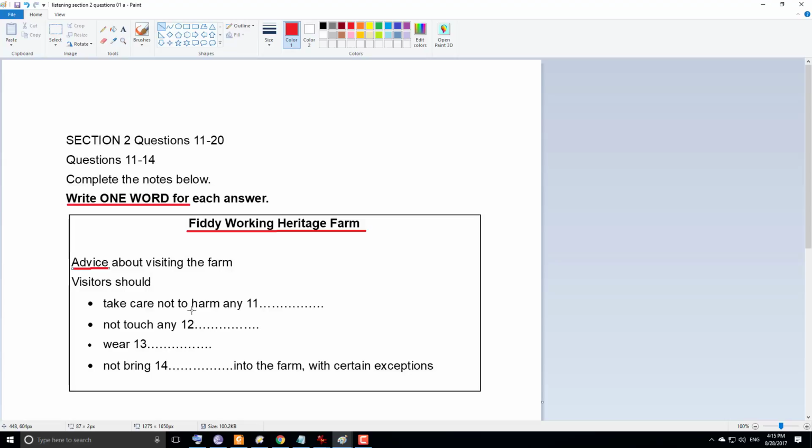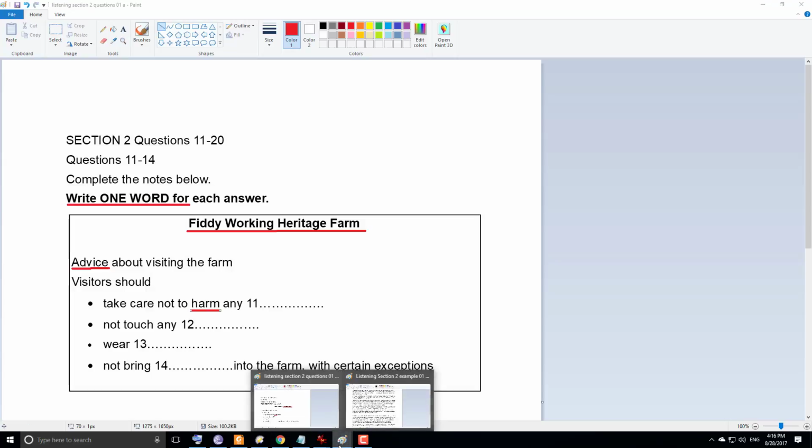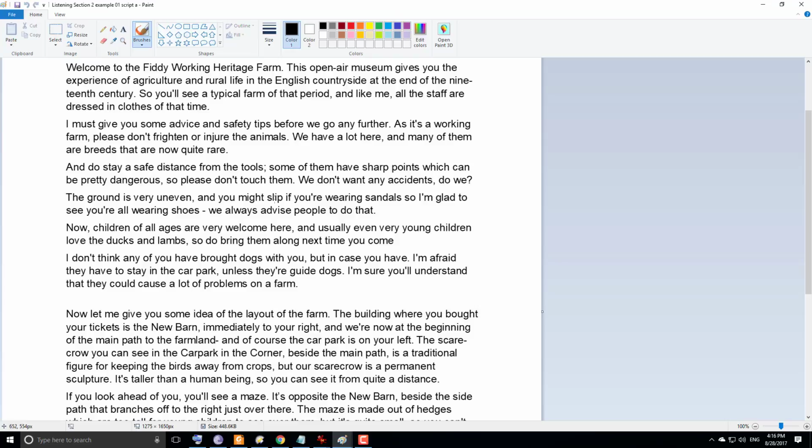Now, let's think about some synonyms for our keyword harm here in question 11. I have the script here. It's kind of like cheating. If we have a look at the phrase here from the script, let's try drawing a line.